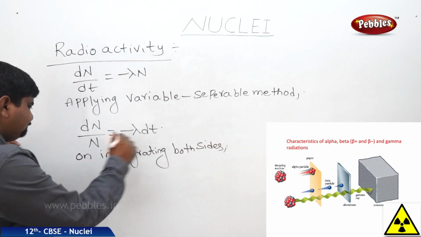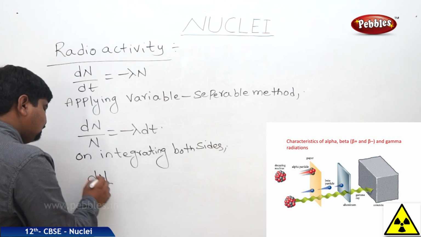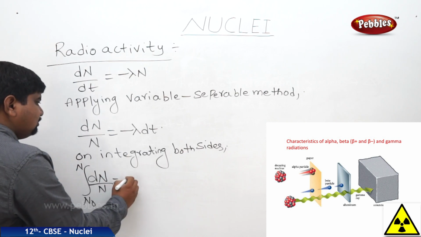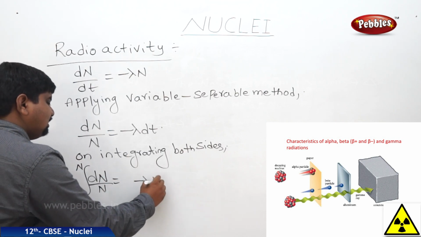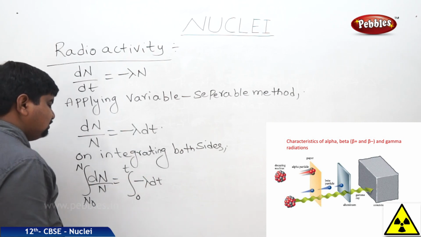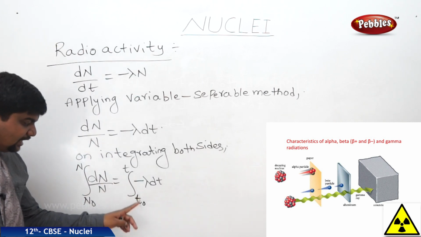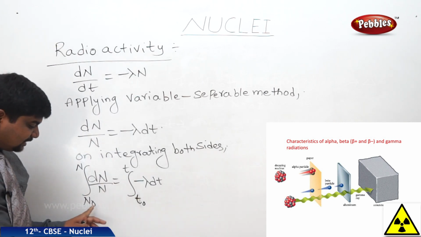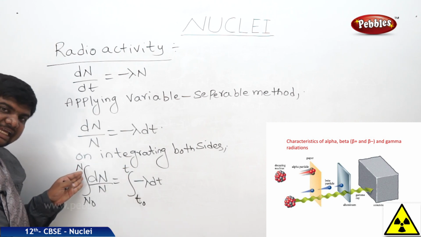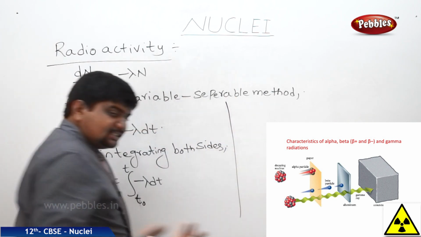So what will it be? Integral of dN by N from N naught to N is equal to minus lambda integral of dt from 0 to t, or we can write t naught. At time t naught, the number of nuclides present is N naught. After reaching the time t, the number of nuclides remaining is N. So what is the integration? Integral dx by x is log x.